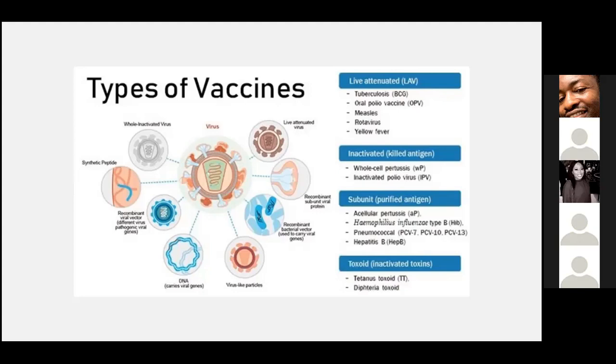And then toxoids, which refers to vaccines produced from toxins of the infecting virus. You also get mRNA vaccines, which direct the cells to make a protein that resembles the infecting pathogen.